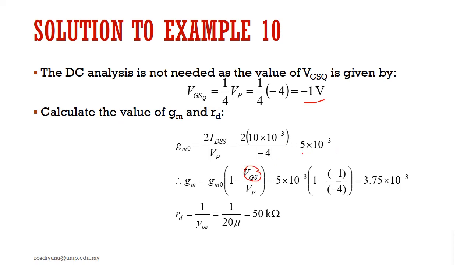We get GMO first, which is 5 millisiemens. Then insert VGSQ inside this, so we get GM equal to 3.75 millisiemens. Then for the RD, 1/20 micro, we get 50 kilo ohms.